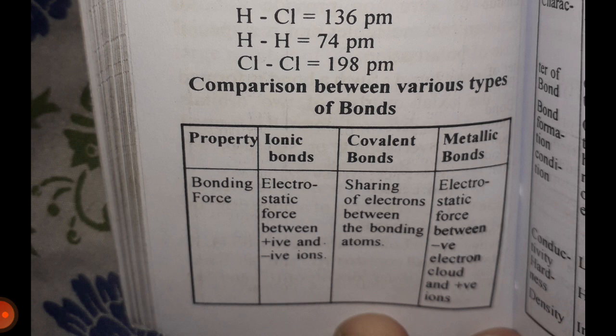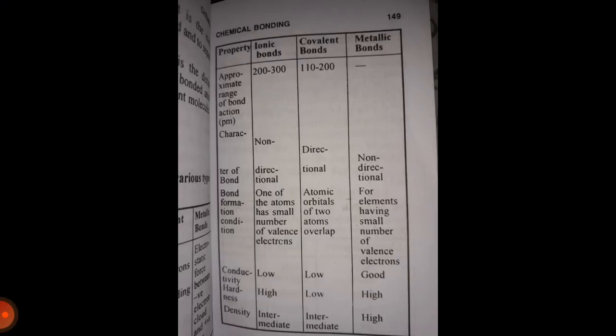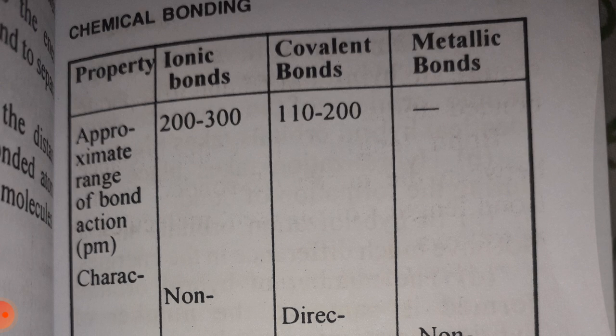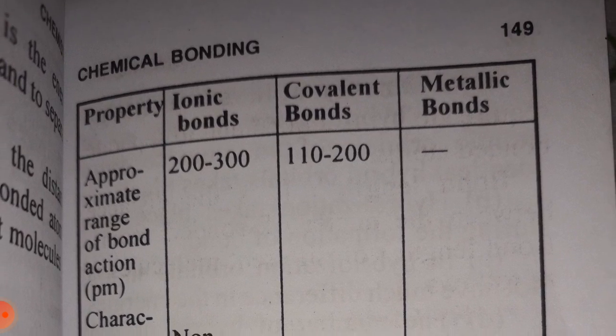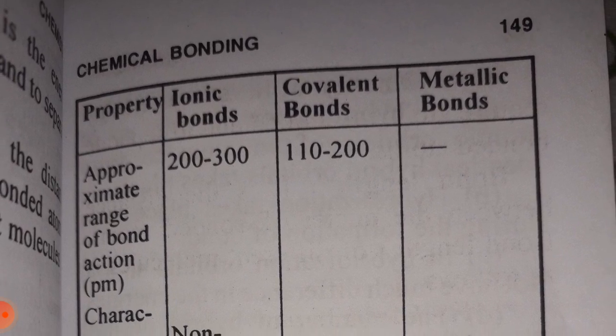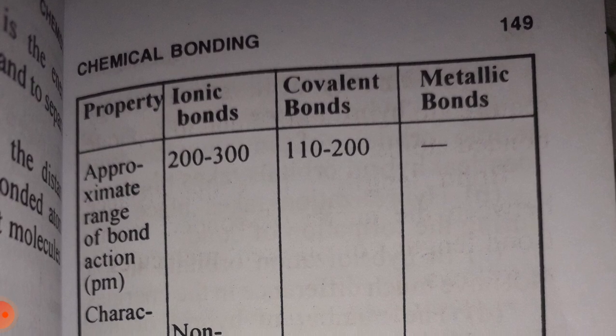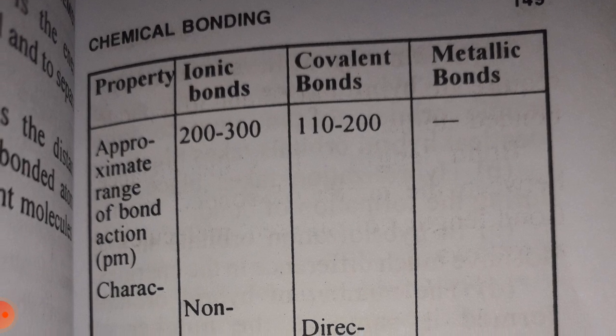Comparison between the various types of bonds. Property: ionic bond, electrostatic force between positive and negative ions; covalent bond, sharing of electrons between the bonding atoms; metallic bond, electrostatic force of attraction between the negative electron cloud and the positive ions. Property: approximate range of bond energy.